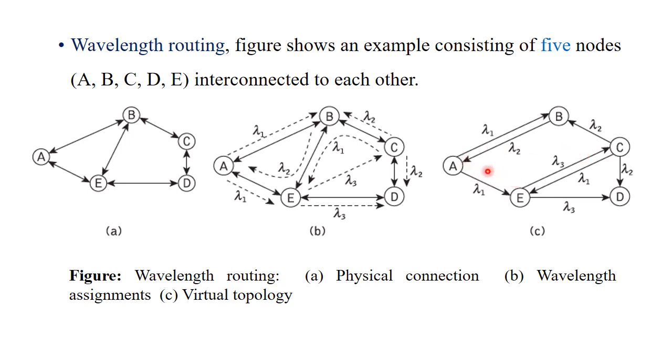There are several paths, and several wavelengths can be used to make an interconnection between the two nodes. So no real path exists, all are virtual paths. As per the requirement, the wavelengths will be assigned, a path will be established, and the communication will be done among those nodes. So this is called the virtual topology.